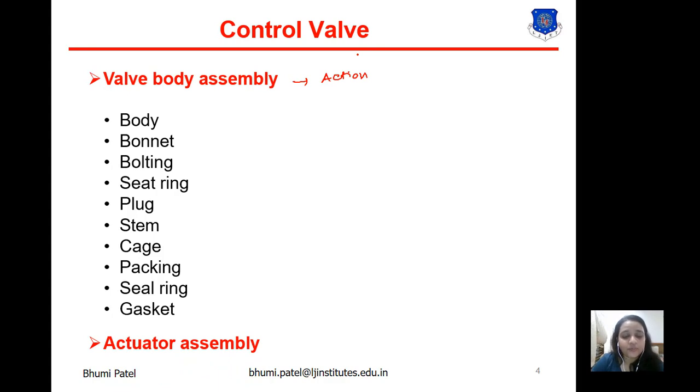So these are the two main types of control valve design. Depending upon the action, the valve body assembly, and depending upon rotary or linear motion, the actuator assembly is generated.